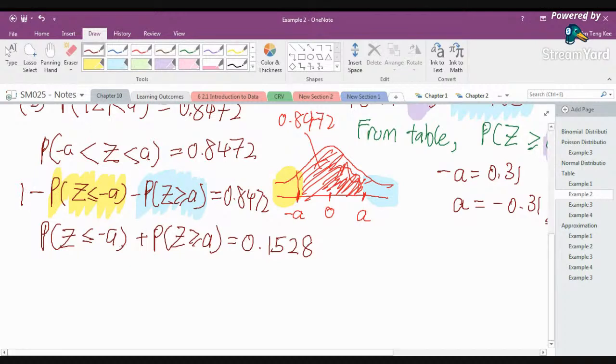Up to here, we notice that the region in yellow is this one and the region in blue is this one, and these two regions happen to have the same value. So in terms of value, I can always convert the one highlighted in yellow to P of Z greater than or equal to A for further calculation.